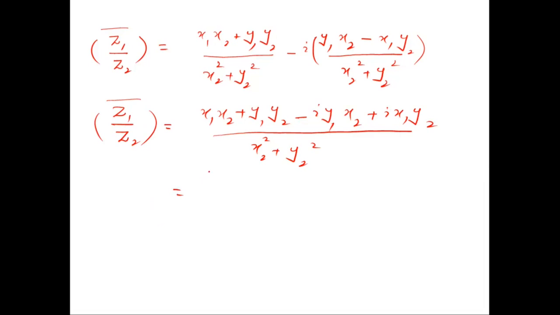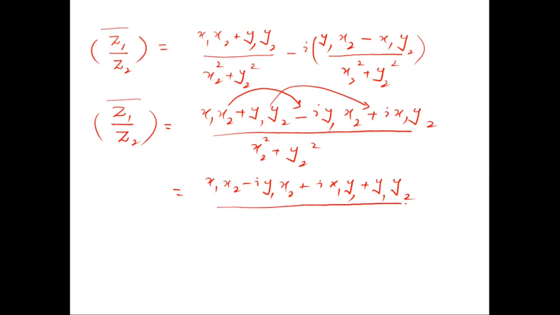Now boys, write x1 x2 minus iota y1 x2, plus y1 y2 plus iota x1 y2, divided by x2 square plus y2 square.